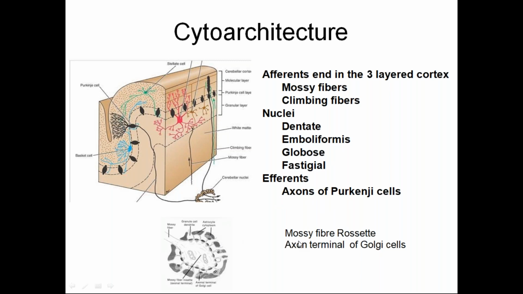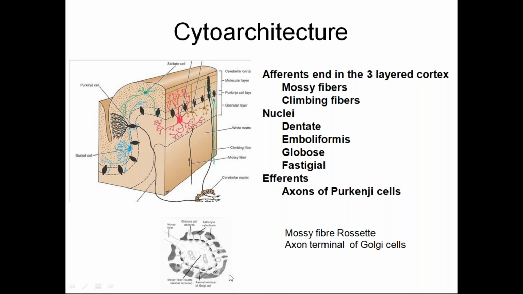Afferents are from. And the mossy fibers, when they come out, they form this swollen part, which is called the rosettes, and these rosettes form axon terminals of the Golgi cells. So the Golgi cells will be coming and forming terminals out here, and then they would be sending their impulses to the Purkinje cells.